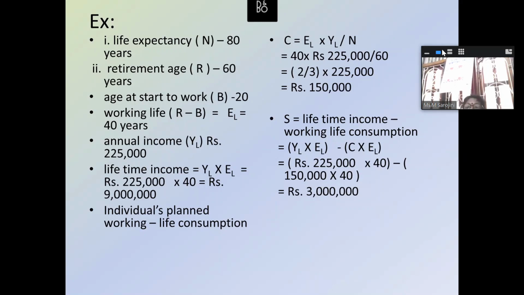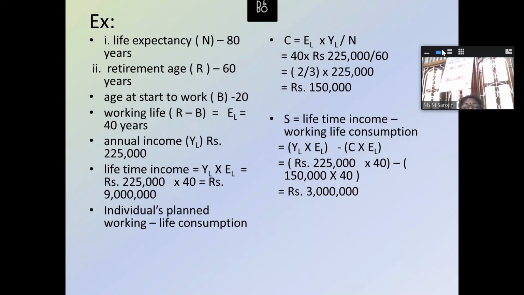Once you multiply 40 by 75,000, you can get the lifetime saving as well, right? Is it okay for you? First, you have to calculate the earning period, not that one, earning period. Second one, living period.